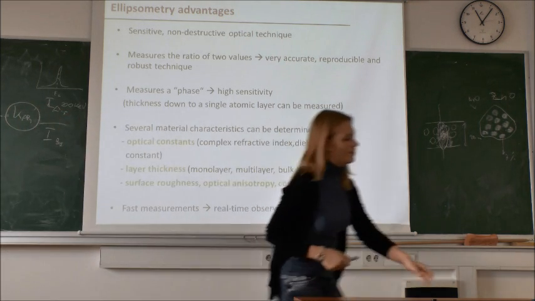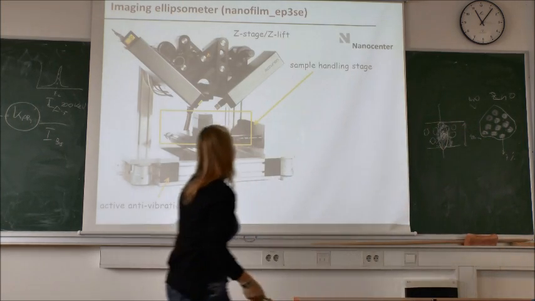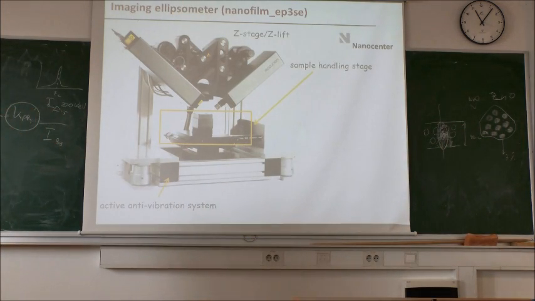Okay, here is a picture of our imaging ellipsometer. This device was funded by the Center of Excellence in Nanoscience and Nanotechnology, and to my knowledge, this is the only imaging ellipsometer in Slovenia. This device consists of a sample handling stage, Z-stage, and active anti-vibration system.